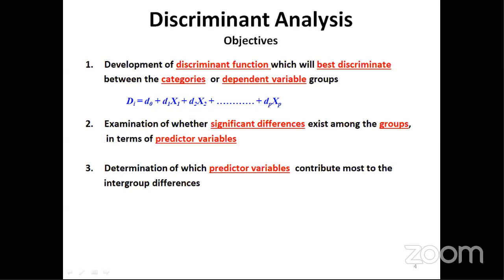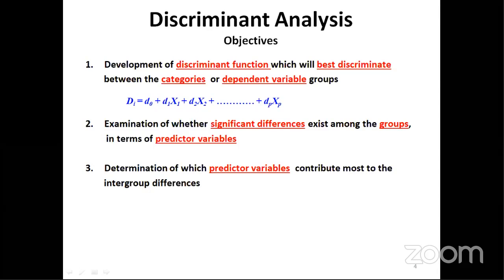We should not bother about this formula, because the software will give the discriminant score. So first we develop the discriminant function, and using it we estimate the discriminant score, and that discriminant score will make the differences between or among the groups. So we have to develop the discriminant function.